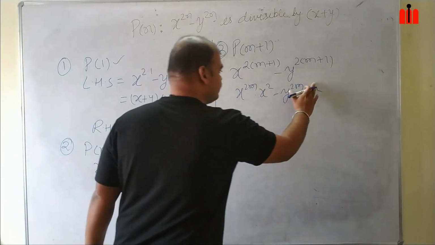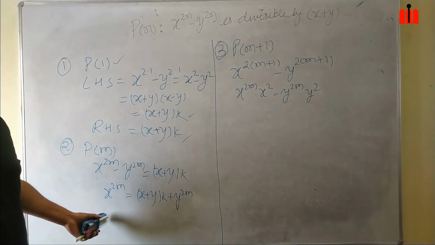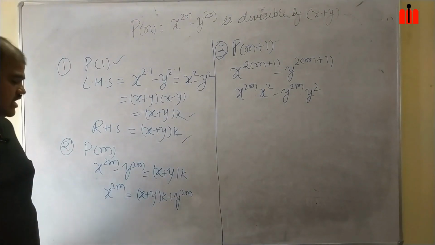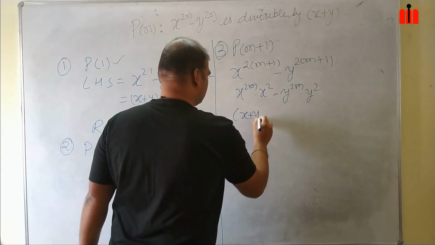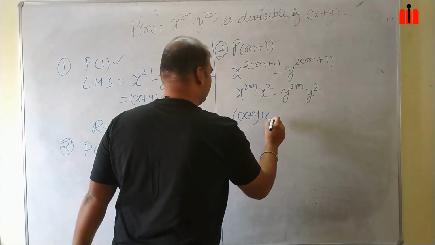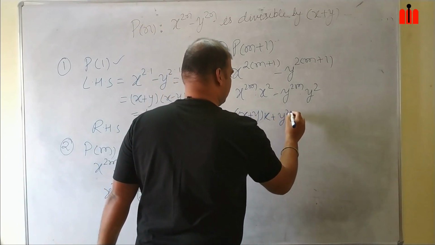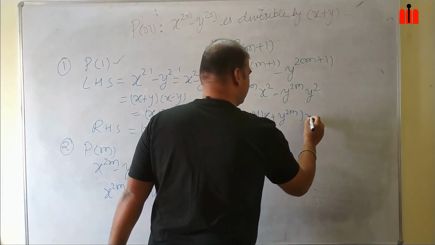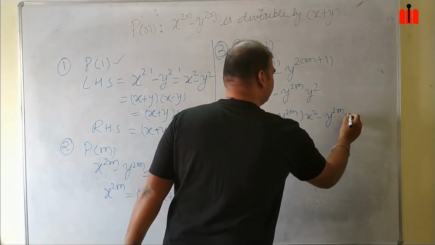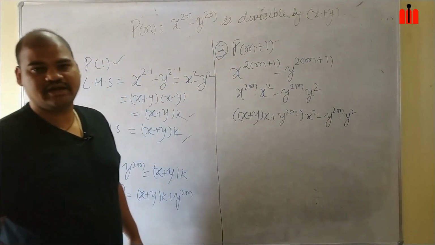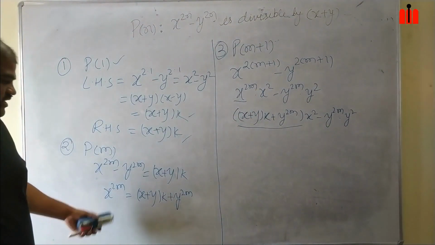Now what will I do? I will substitute x to the power of 2m from here to there. Okay, so my x to the power of 2m will be x plus y into k plus y to the power of 2m, into x square, minus y to the power of 2m into y square. So what I have done is I have substituted this x to the power of 2m, this entirely, from my Pm statement.